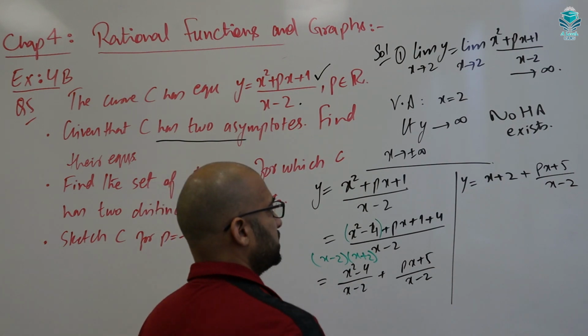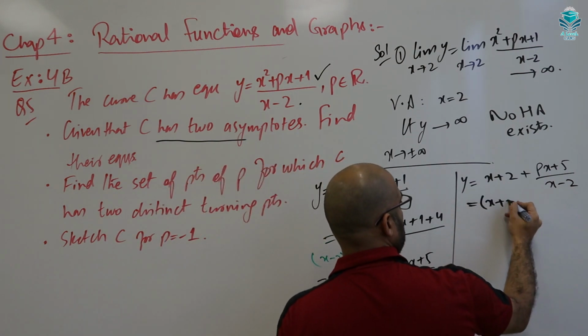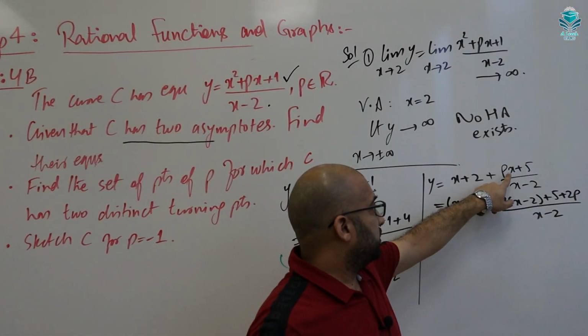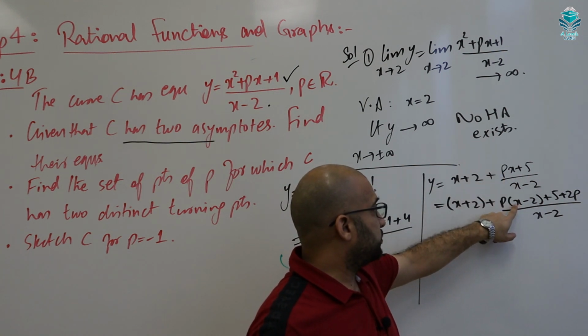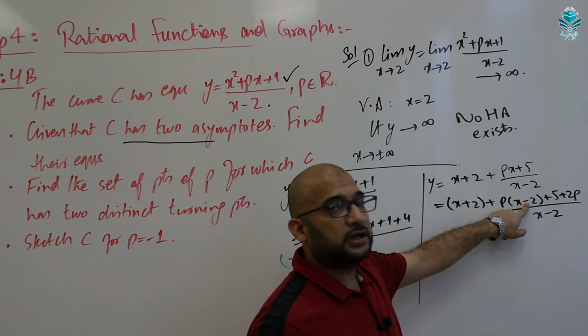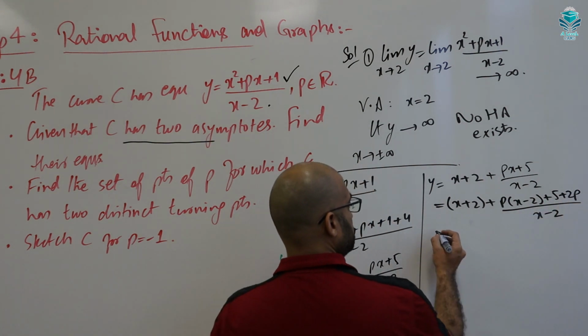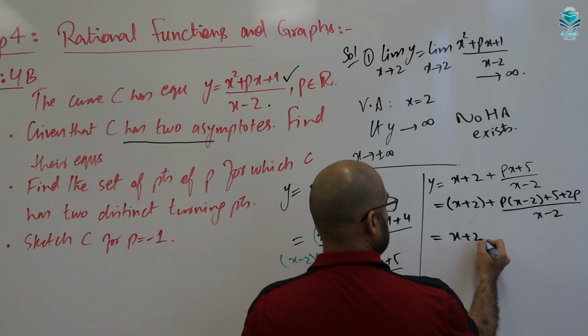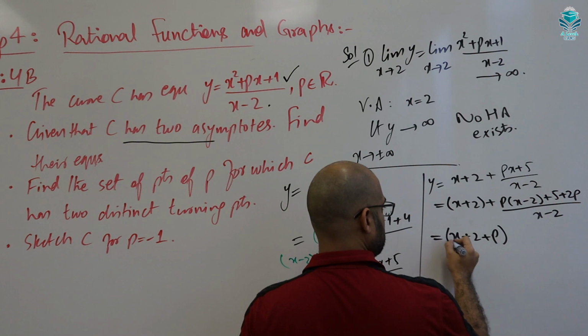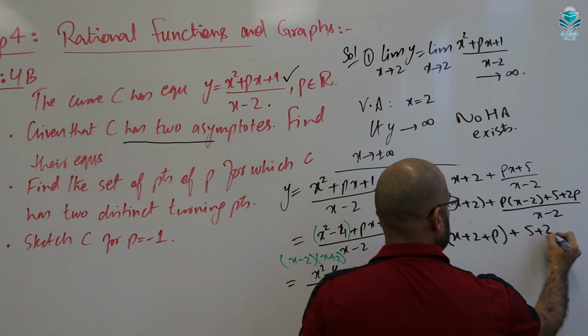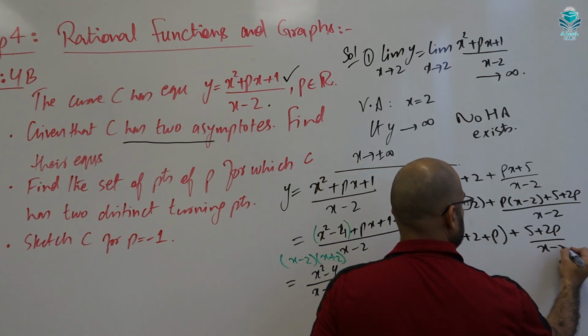So you can also write from here, x as (x − 2) plus 2, which means we are subtracting 2p, so you have to add plus 2p. So students, you can write x + 2 + (p + 5 + 2p) over (x − 2).